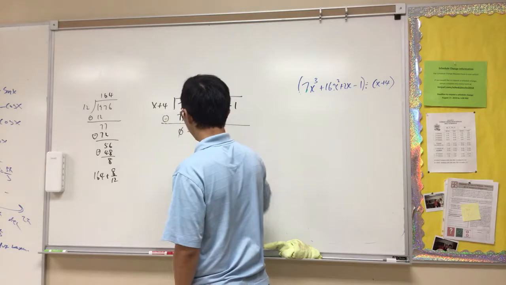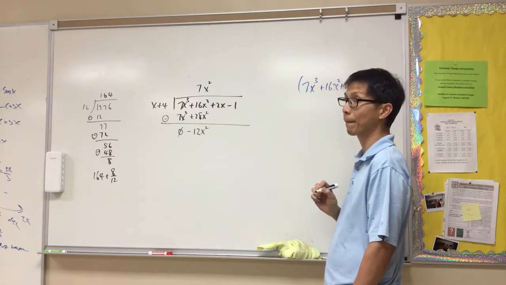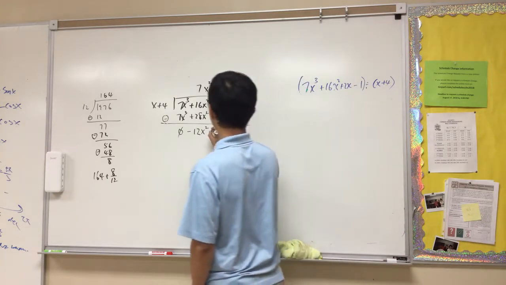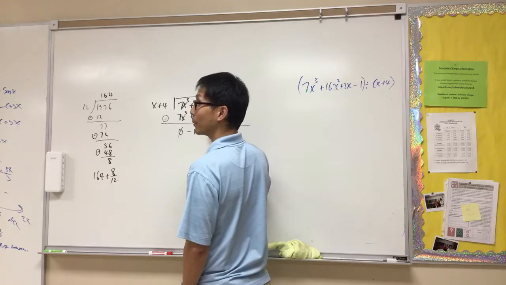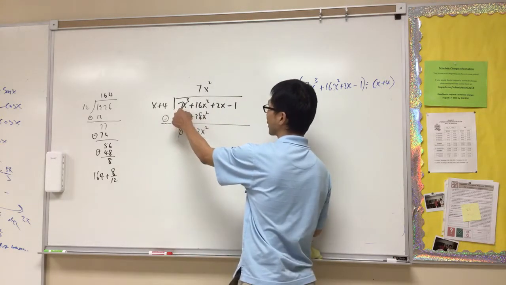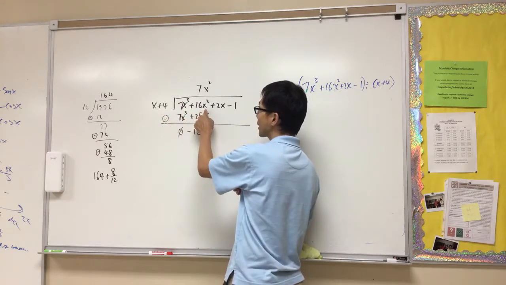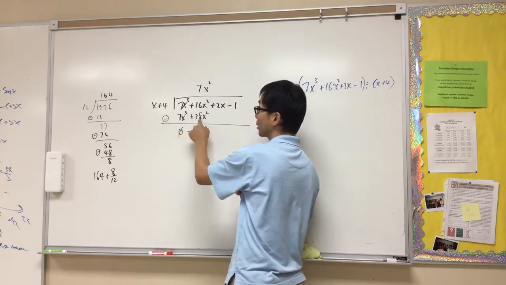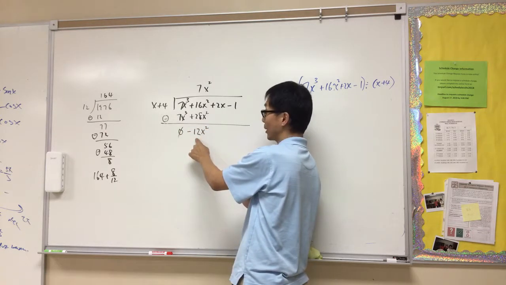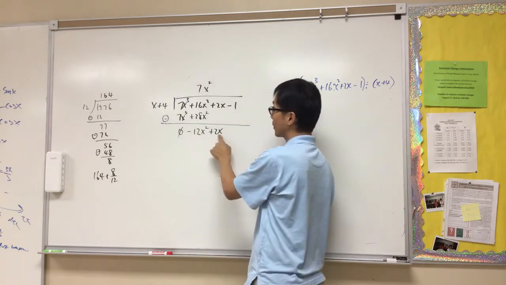Negative 12x squared. Lenny, are you following me? Remember this is subtracting. 7x cubed subtract 7x cubed is 0. 16x squared subtract 28x squared is negative 12x squared, plus 2x.